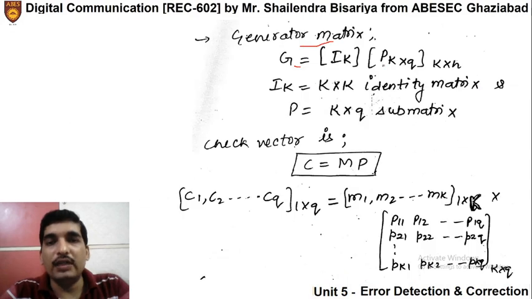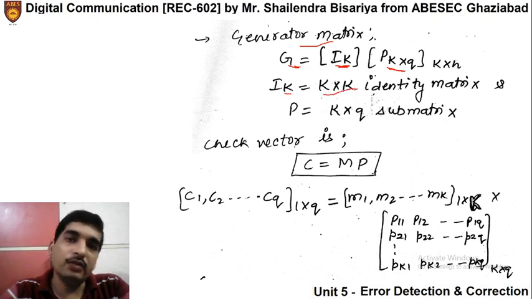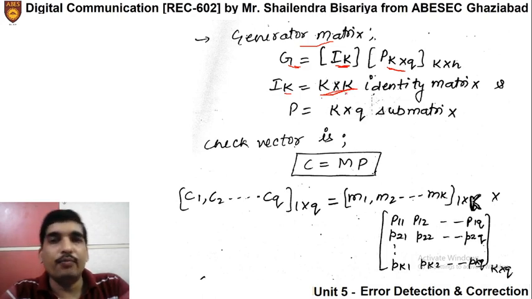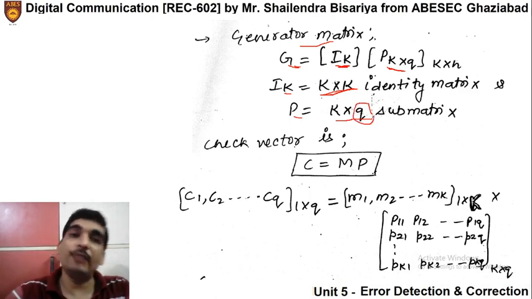So we are saying that the generator matrix has an identity matrix and a parity matrix. Now the identity matrix will be of size k cross k because k is the size of the message bits. So when we multiply with it we will get exactly k message bits. Then P is your parity matrix of size k cross q, so that you can get q check bits when you multiply it with message bits.